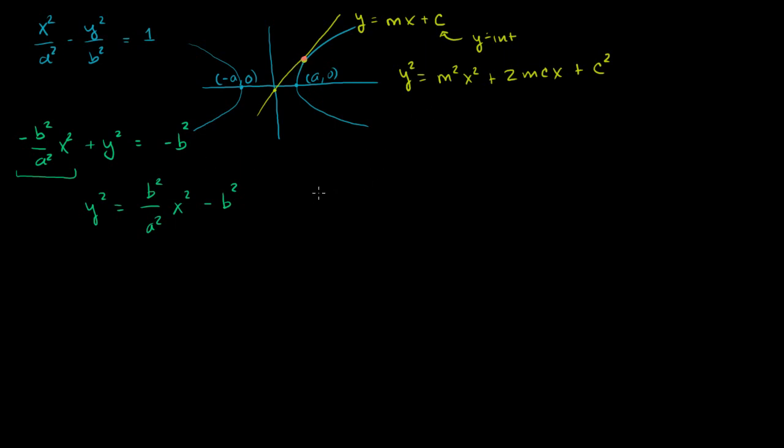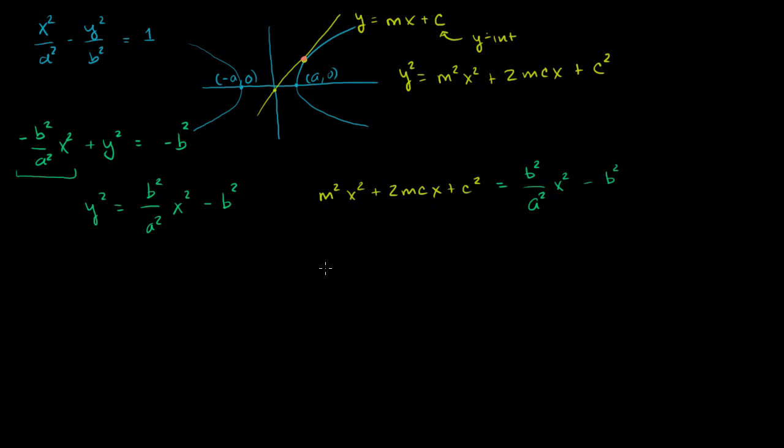We have m squared x squared plus 2mcx plus c squared is equal to b squared over a squared x squared minus b squared. I've done a very similar exercise to this in a previous IIT JEE video, but here I just want to focus on the most general case so that we have something that we can add to our toolkit.